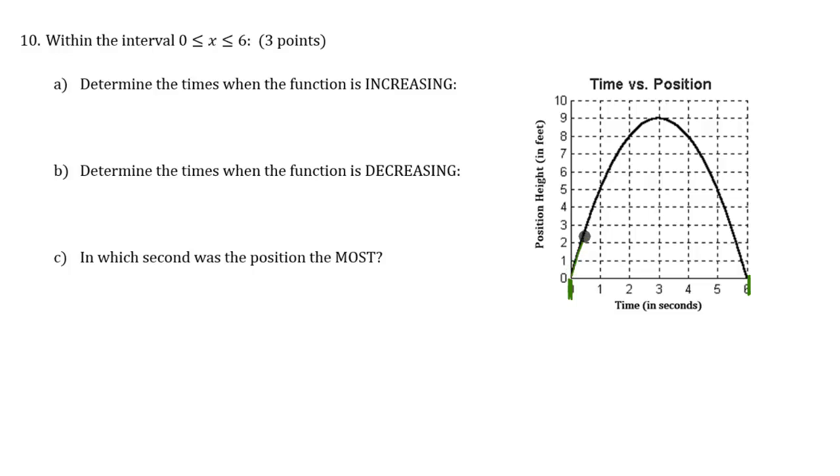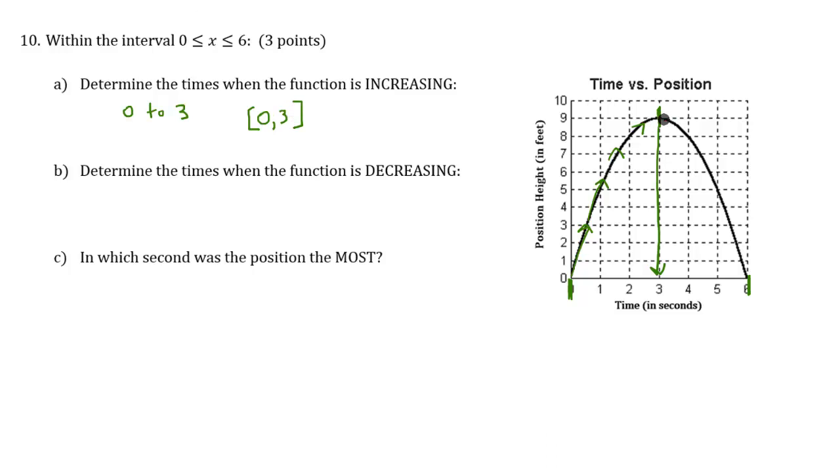So if you look at this part, all of our y values, or in this case our height in feet, is increasing all the way up until this point right here. That's our maximum, and it's at this point that it turns, but we want to record the interval here. So from 0 to, follow this down, to 3, we write 0 to 3. That's going to be the interval where we're increasing. So if you want to write that in interval notation, it's going to be [0, 3].